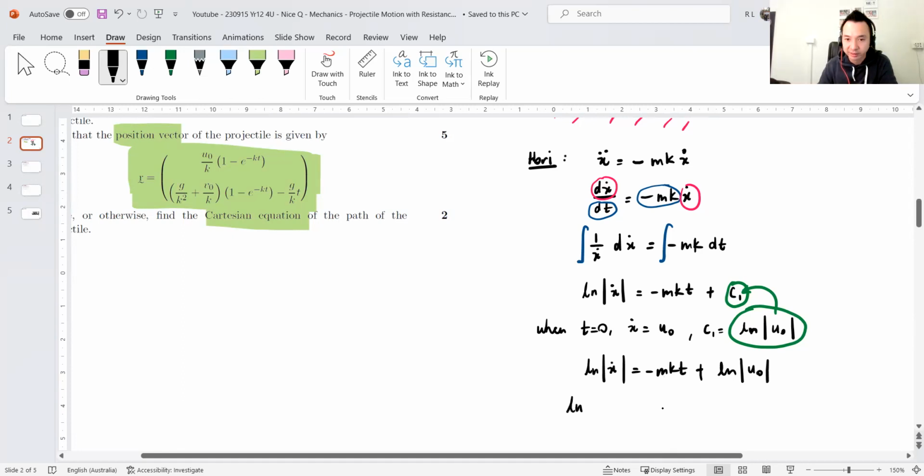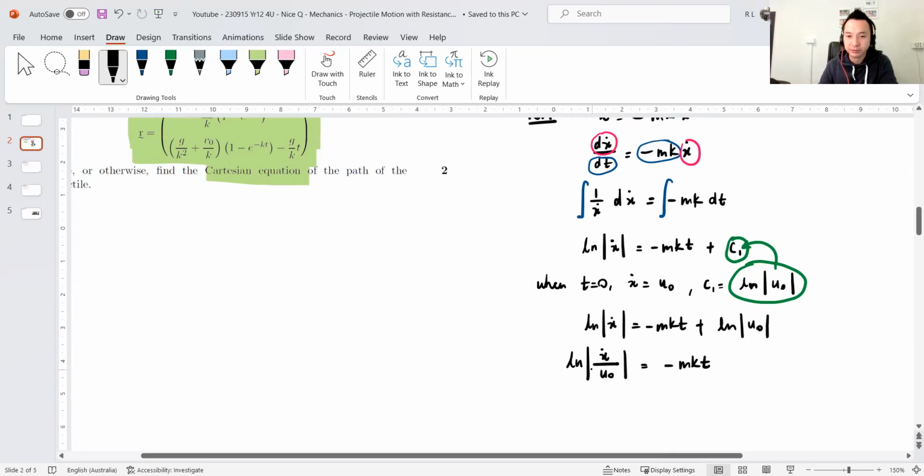If you combine the ln's, you get ln of x dot over u0 equals minus mkt. And so, making x dot the subject, exponentiate both sides, times u0 up, it'll be u0 e to the minus mkt as my velocity, right?